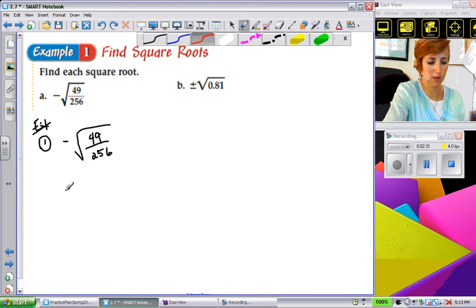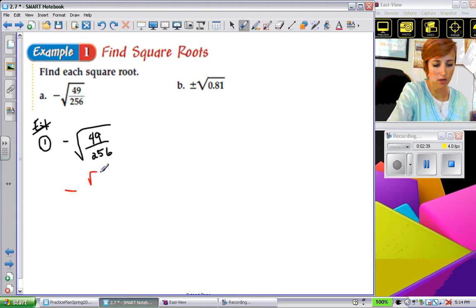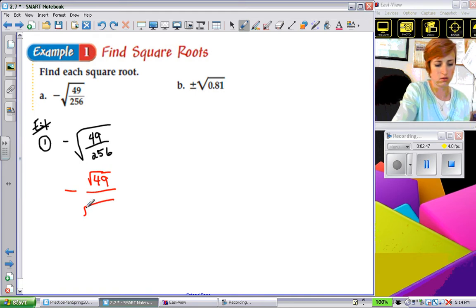So drop down our negative symbol, and our square root bar is over a fraction. So I break it apart and put it over just the numerator and just the denominator. So 256.